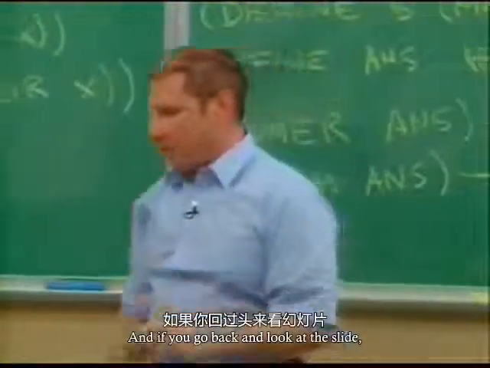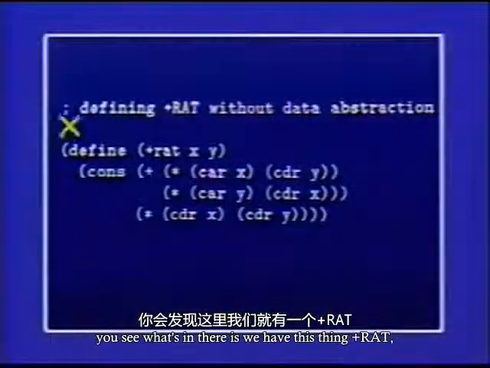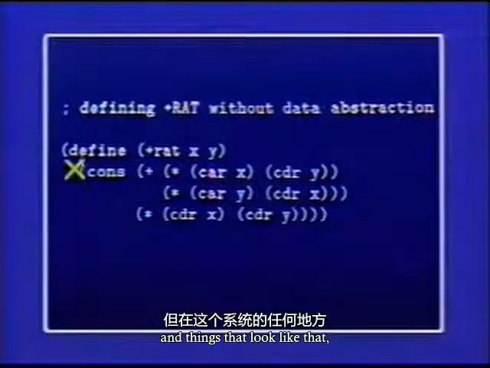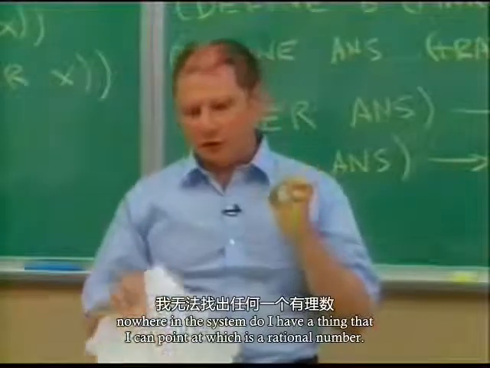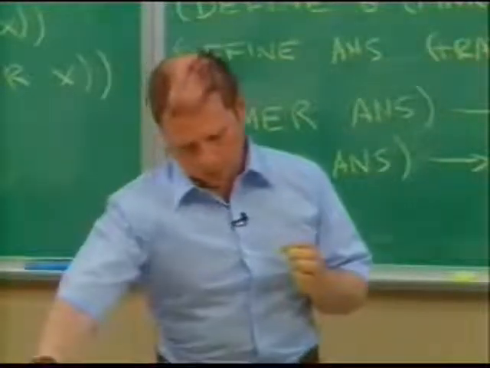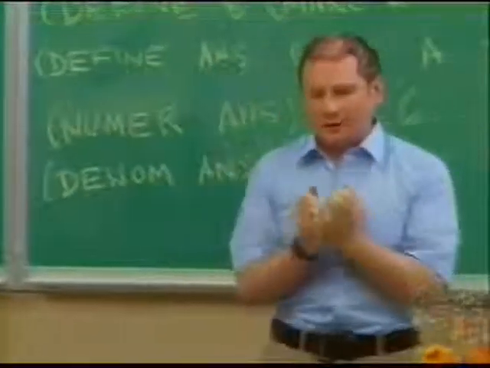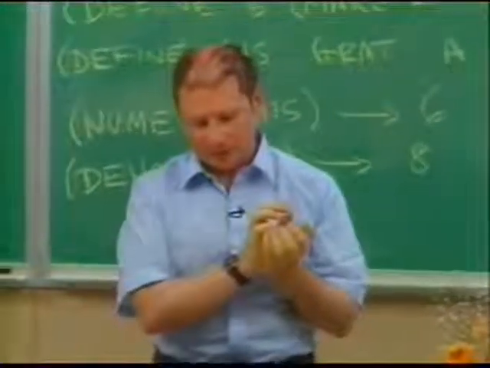And if you go back and look at this slide, you see we have this thing plus-rat, but nowhere in this system, if I have a plus-rat and a minus-rat and a star-rat and things that look like that, do I have a thing that I can point at which is a rational number. I don't have in a system like that the idea of rational number as a conceptual entity.